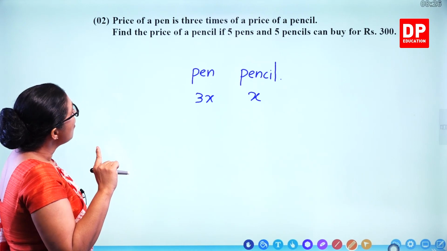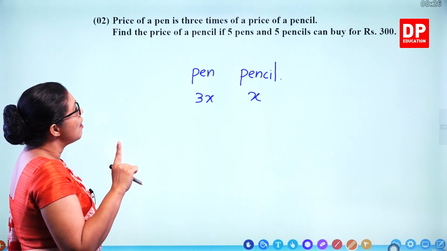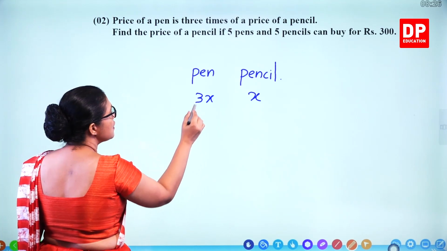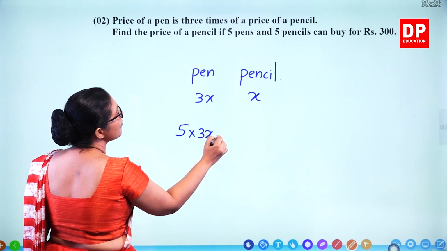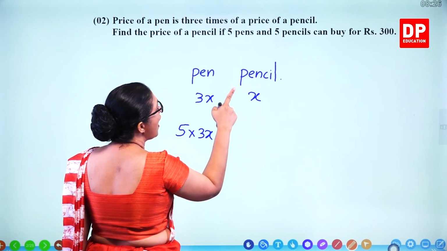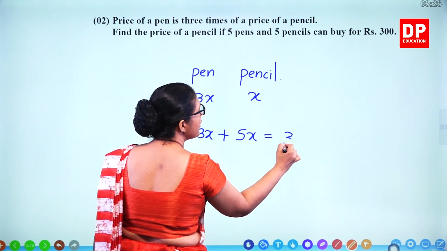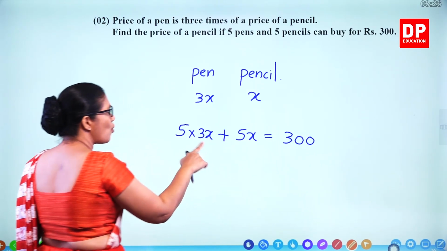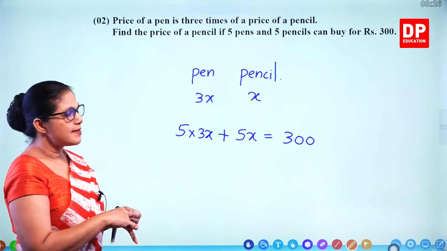And you're asked to find the price of a pencil if 5 pens, that means 5 times 3x, plus 5 pencils, that is 5x, you can buy for 300 rupees. So the total price for 5 pens and 5 pencils is 300.